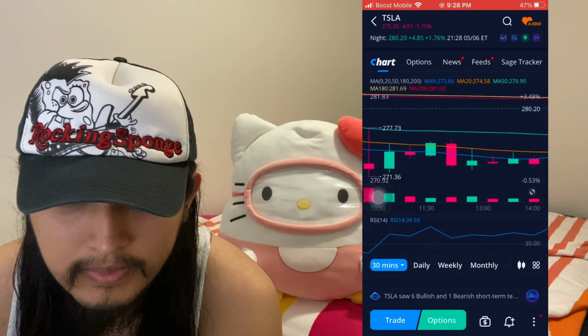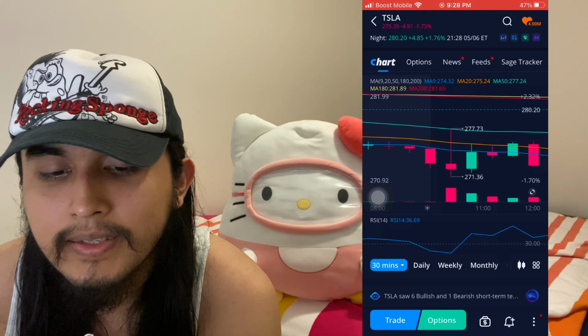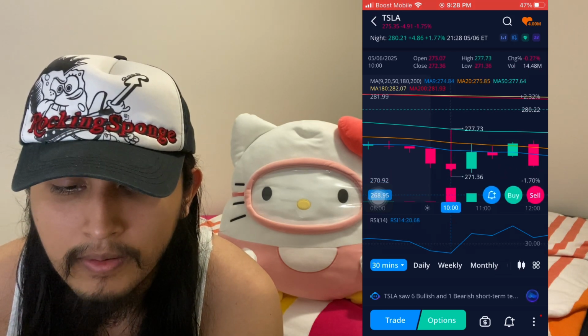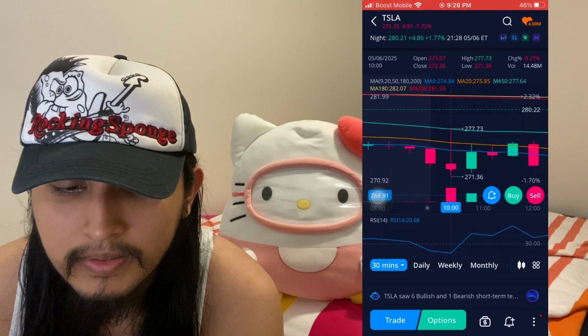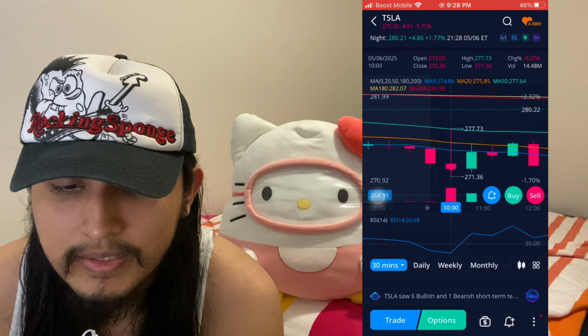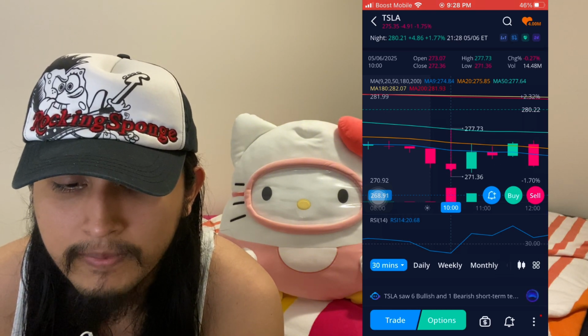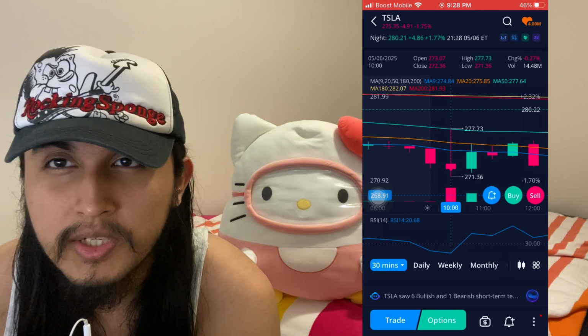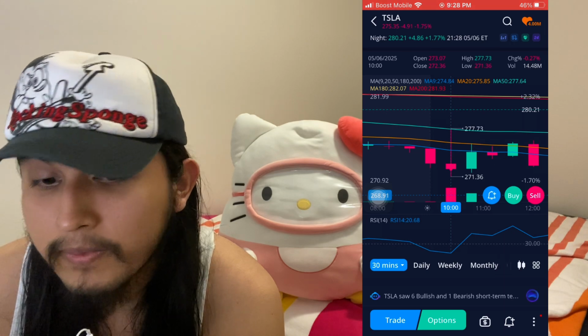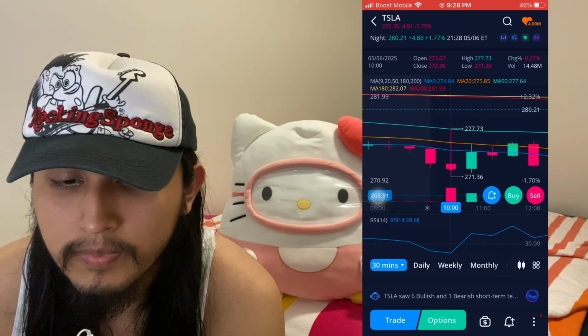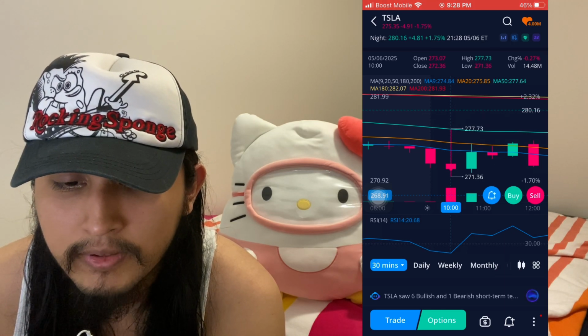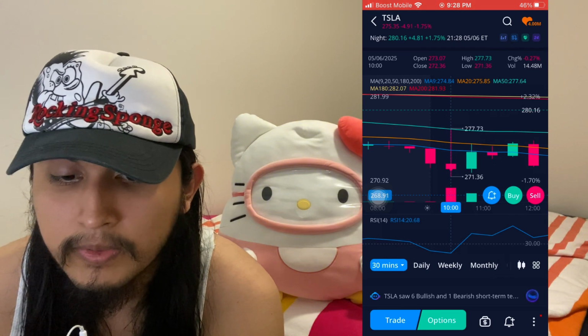let's say you bought put options as soon as Tesla approached the 9-day moving average, and you're waiting for a rejection. All of a sudden it breaks through the 9-day moving average, and now it's going to approach the 20-day moving average.